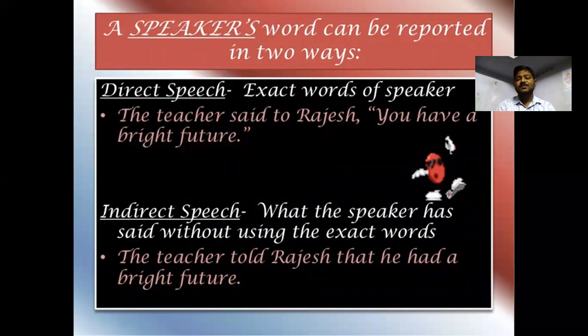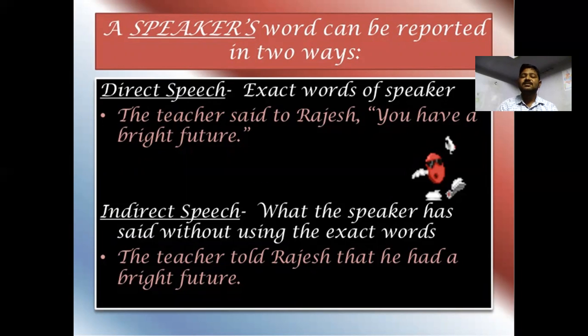A speaker's words can be reported in two ways. What is the first way? Direct speech. Second one is indirect speech. Exact words of the speaker: the teacher said to Rajesh, "You have a bright future."